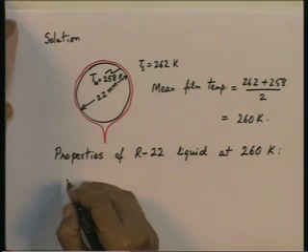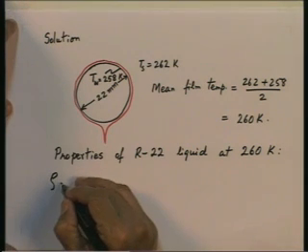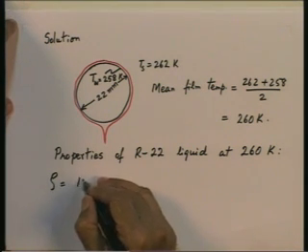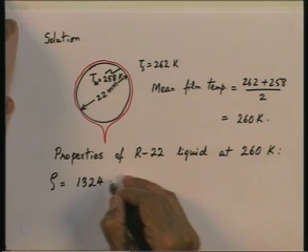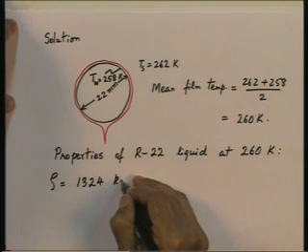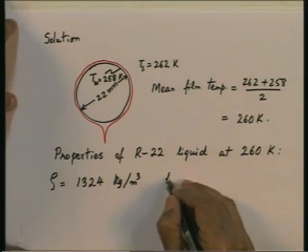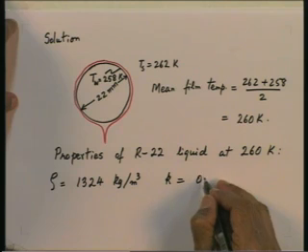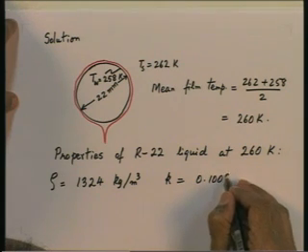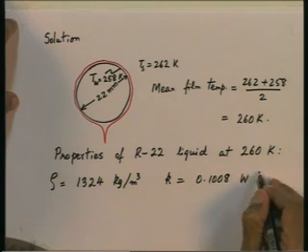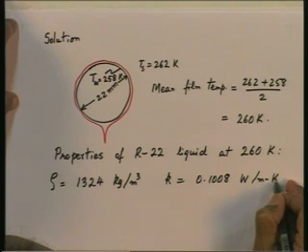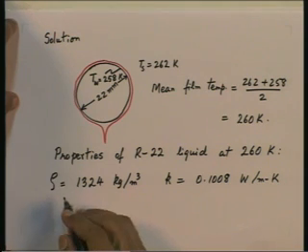We will need the following properties. We will need the density rho of the liquid, which, if you look it up, will be 1324 kilograms per meter cubed. We will need the thermal conductivity K, which is 0.1008 watts per meter Kelvin. You will need the viscosity.